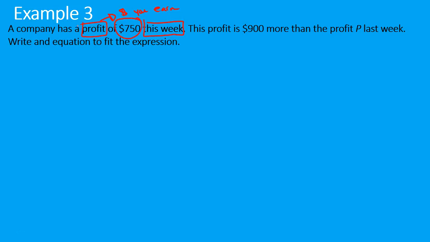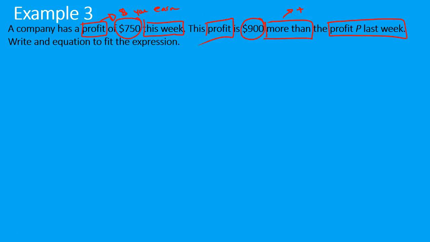This profit is $900 more than the profit last week. Okay, again, we're going to circle our numbers and we're going to box the keywords. Well, more than is a keyword. More than means what operation? It means plus. Again, profit last week. That's the profit last week. Here's another keyword, profit.